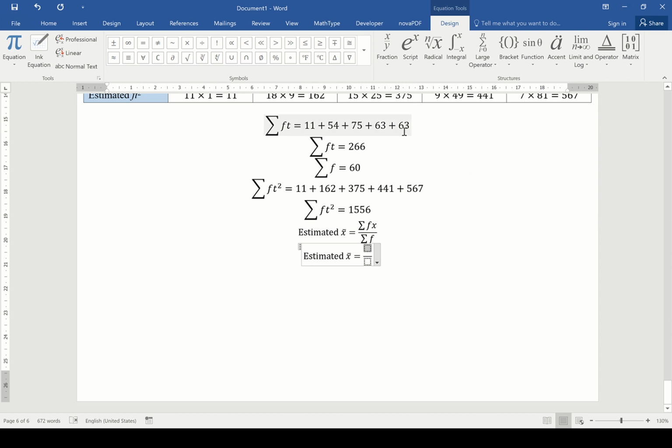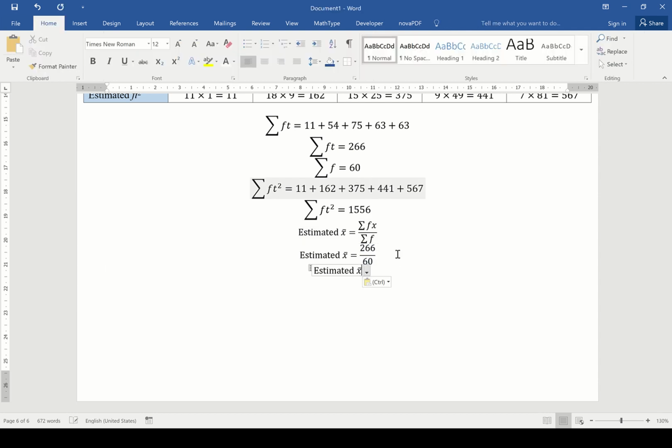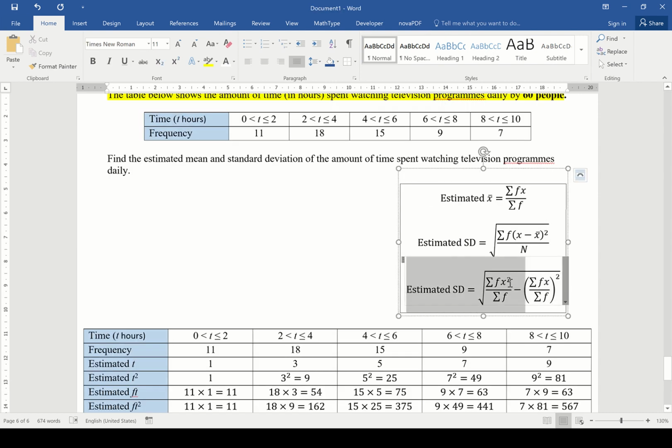You can just key in here 266, and summation of f is 60, and you will get equals to 4.43. Alright, quite straightforward.